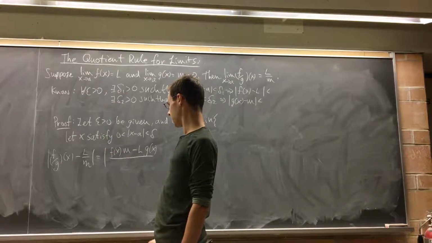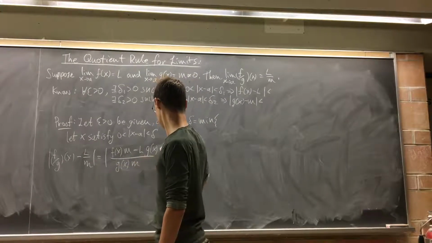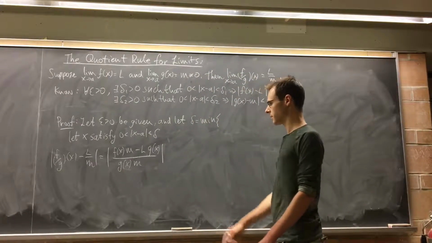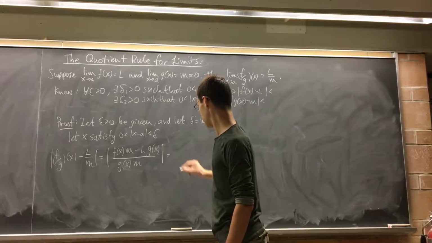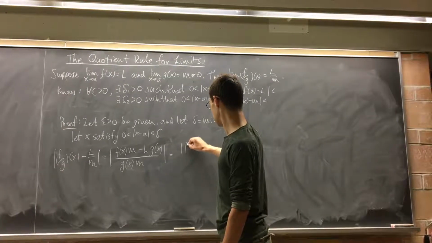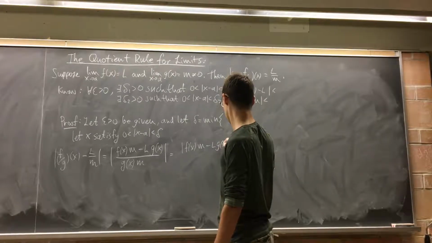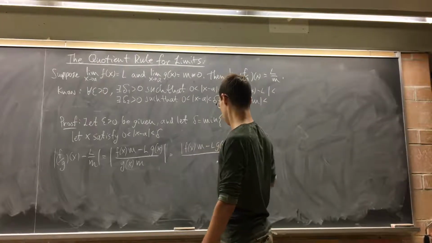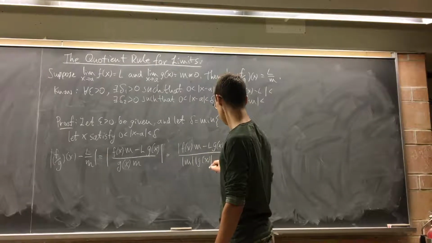And in the denominator, we're going to have g of x times m. Okay? The absolute value will split. It will go on the top and on the bottom. So we're going to have abs f of x times m minus L g of x over abs m abs g of x. Okay?